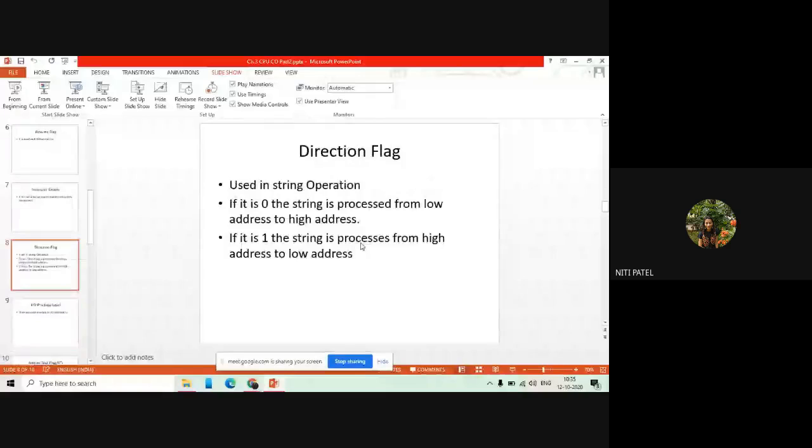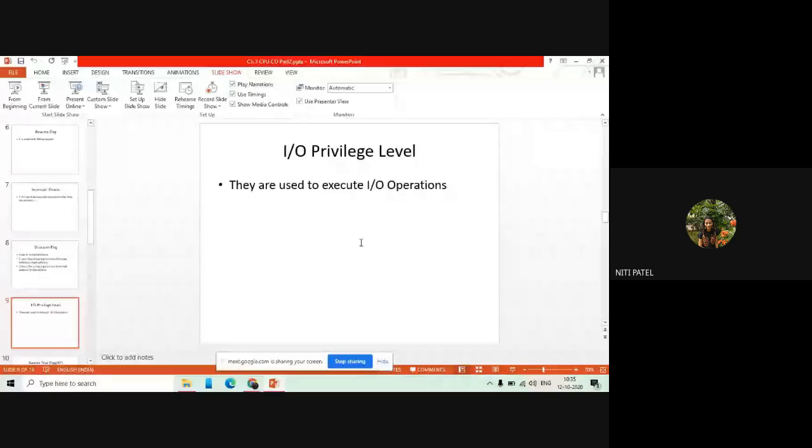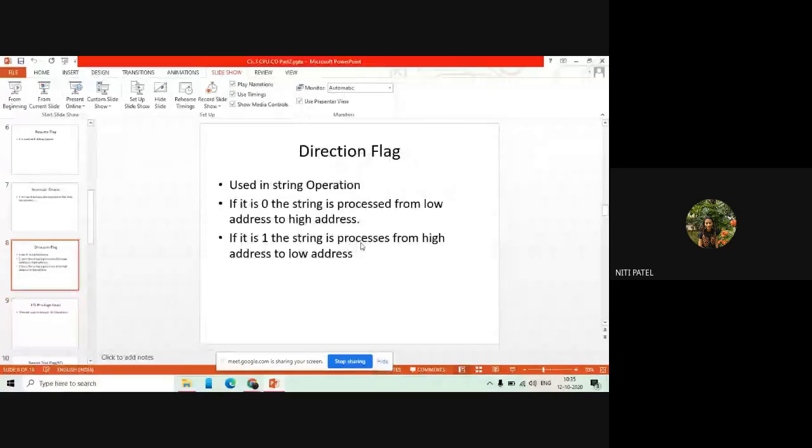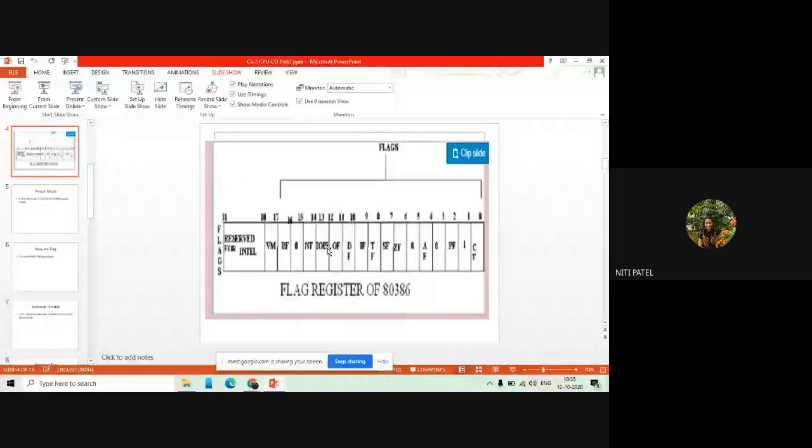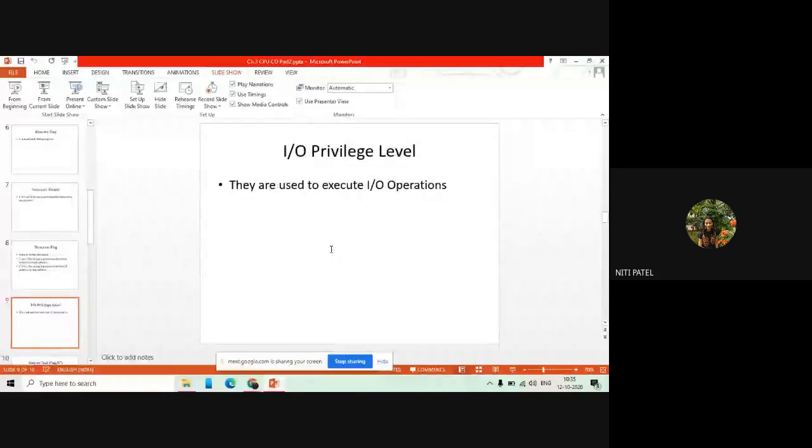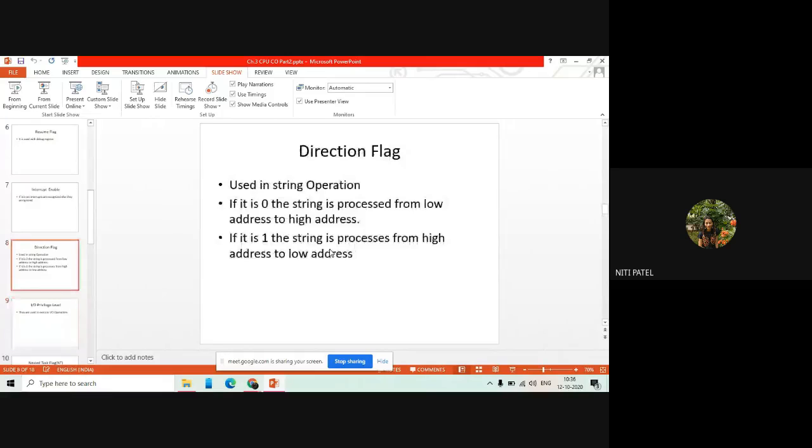Then is the direction flag. This we all know, it is used for string operations. From low to high, the bit will be set to 0. From high to low, it will be set to 1. Then can you see this called IOPL? What is IOPL? It is the input output privilege level. Whenever any IO operations are performed, such as giving input from the mouse or keyboard, or accepting output from the monitor, this IOPL flag will be set to 1.